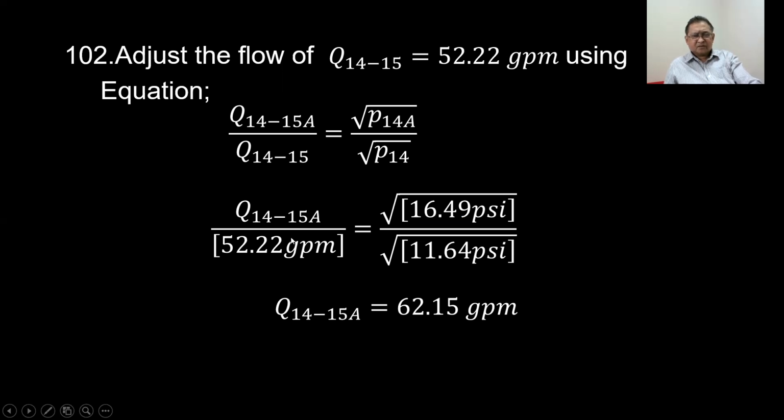So this value is the adjusted flow divided by 52.22 GPM, and it will equal the ratio of the higher pressure to the square root of the lower pressure. Square root of 16.49 divided by the square root of 11.64 will be Q, the adjusted flow from 14 to 15, which will be 62.15 GPM.